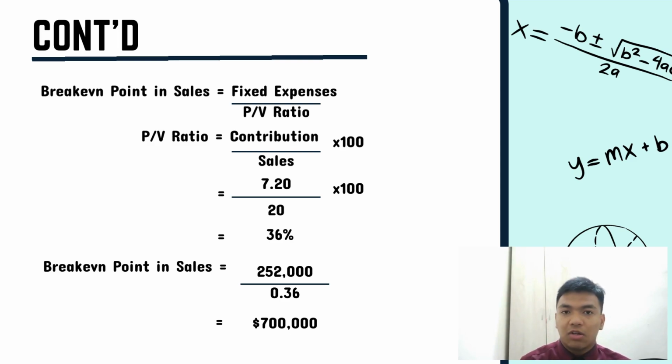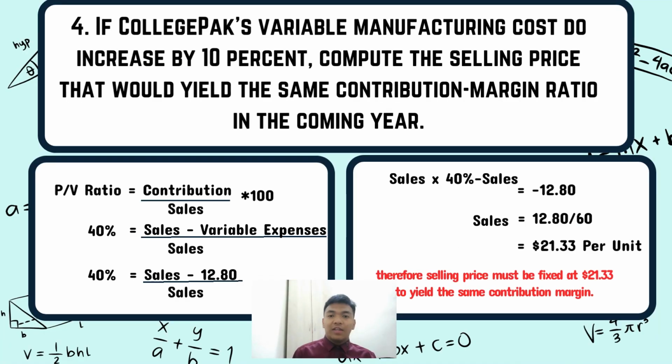After the calculation, we get 36%. After we get the PV ratio, we can find the break-even point in sales. The fixed expense is $252,000, and the PV ratio is 0.36. After dividing, we get $700,000.